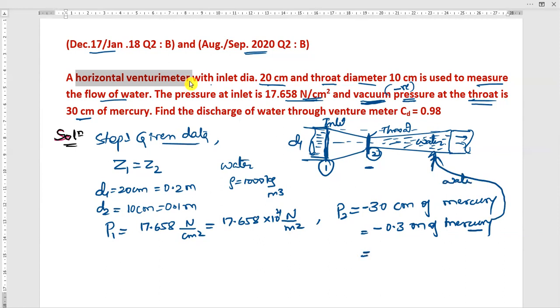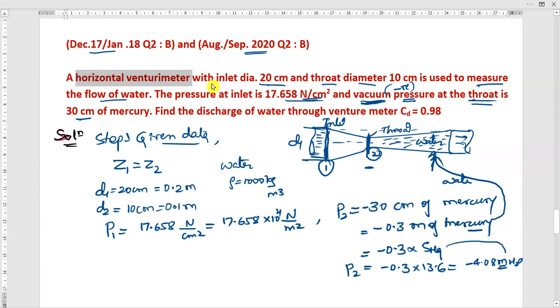For that reason, you multiply with the specific gravity of mercury, which is 13.6. 0.3 into 13.6, that will be the value of P2, which I get at around 4.08 meter, so meter of water. Now I have converted mercury to water.